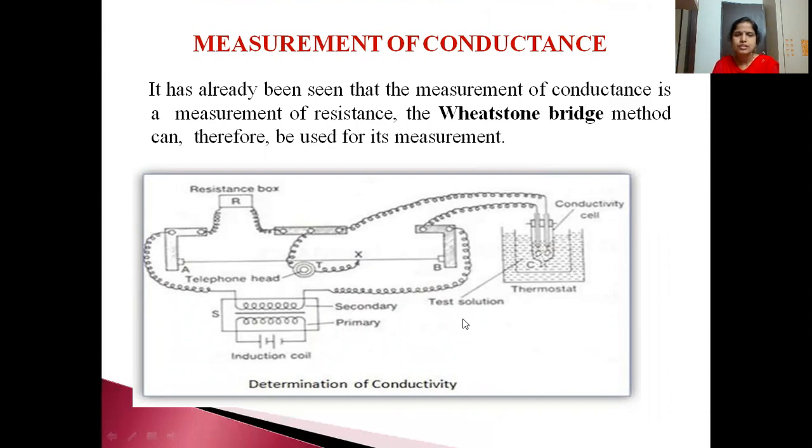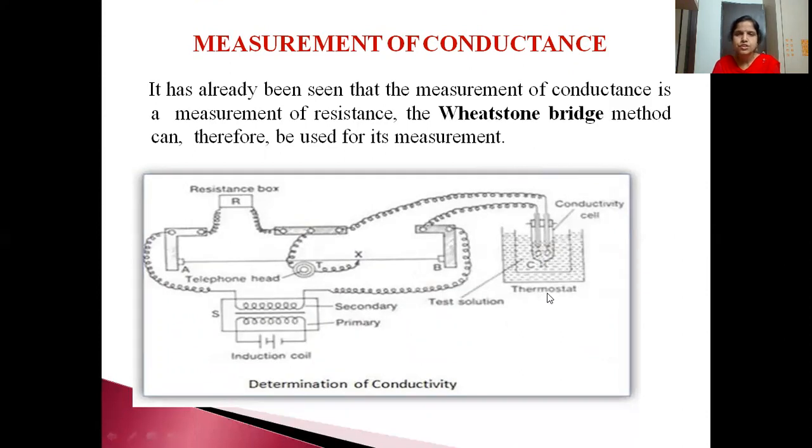In this slide, you can see the conductivity cell which is placed in the test solution. This C is written here. This is the test solution in which the conductivity cell is placed, and this complete test solution is placed in a thermostat. Why a thermostat?